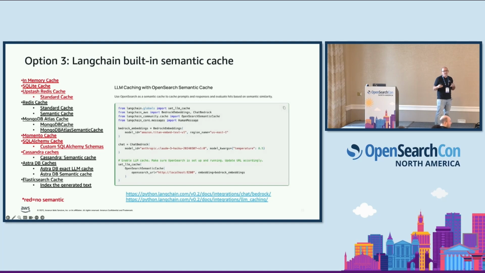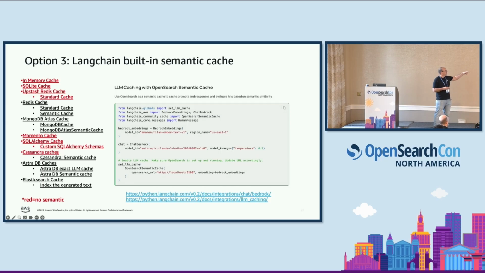And the last type of implementation is using the LangChain built-in cache mechanism. This implementation uses the same store as a vector store and a cache store. It does support OpenSearch as both those solutions.